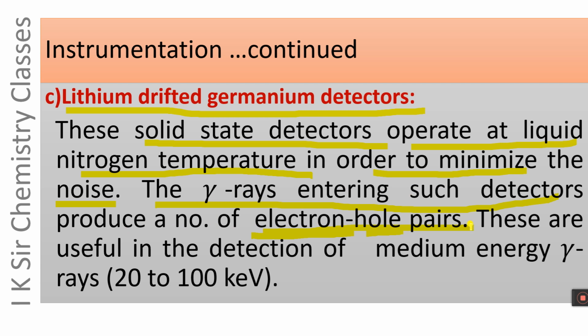In terms of band theory, electrons are produced in the conduction band and the holes are produced in the valence band. These are useful in the detection of medium energy gamma rays having energy 20 to 100 kilo electron volt.